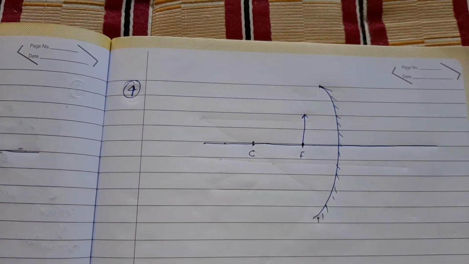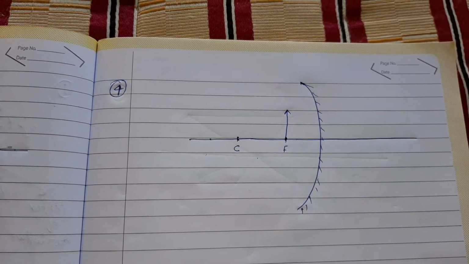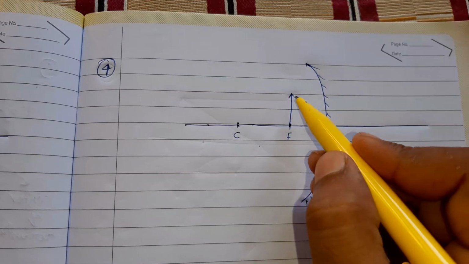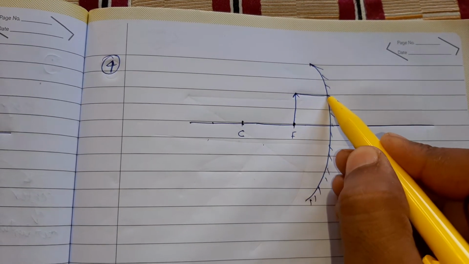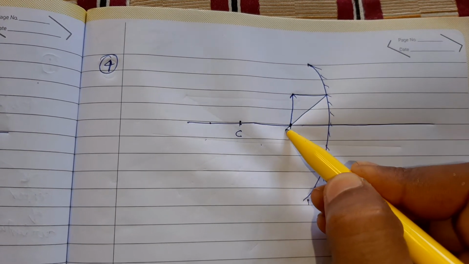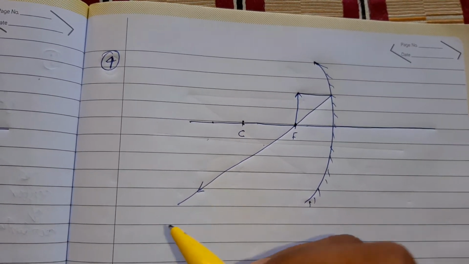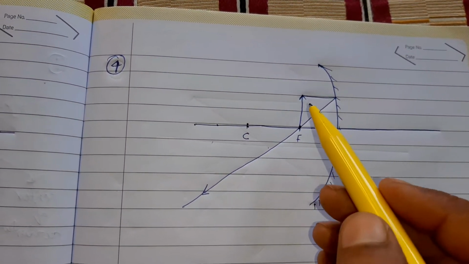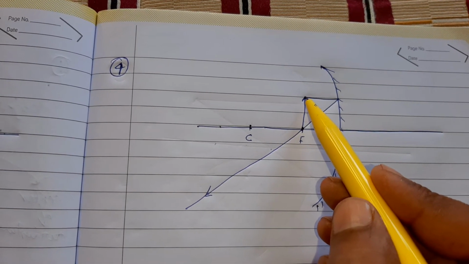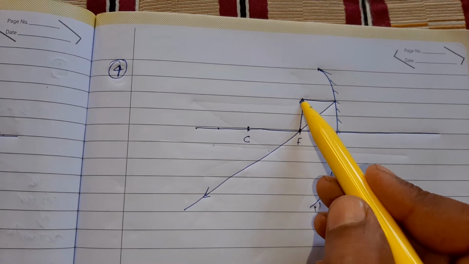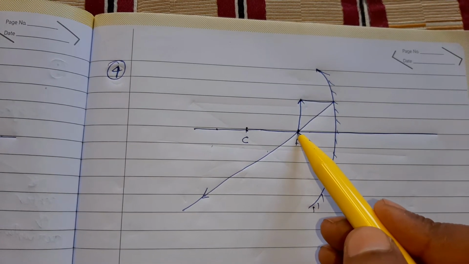So what do we do when the object is at F? Rays of light go from these, and after reflection go in this direction. Here there is no chance for rule number two, because the ray would not go through a focus.